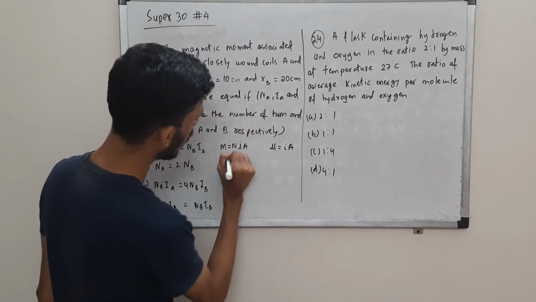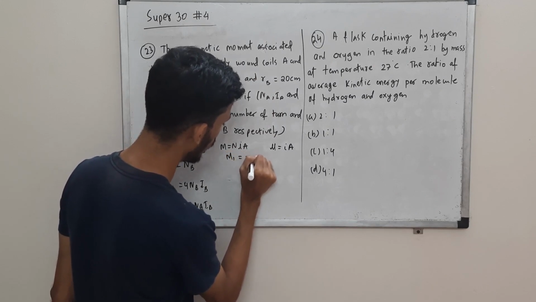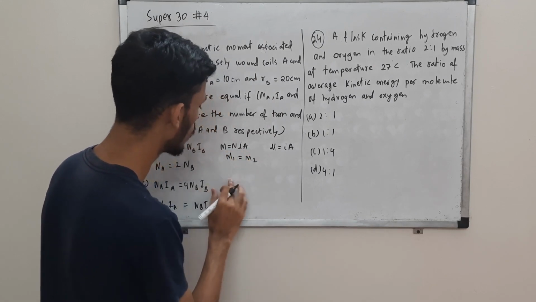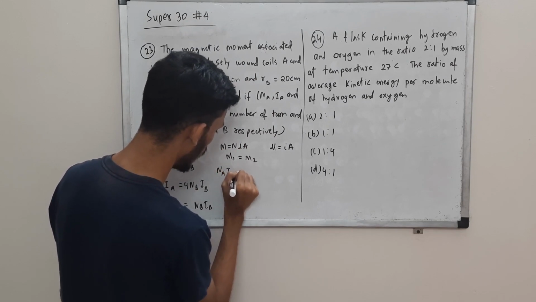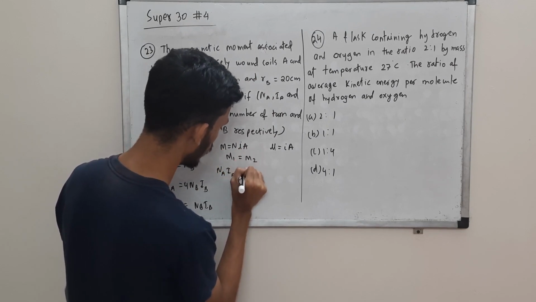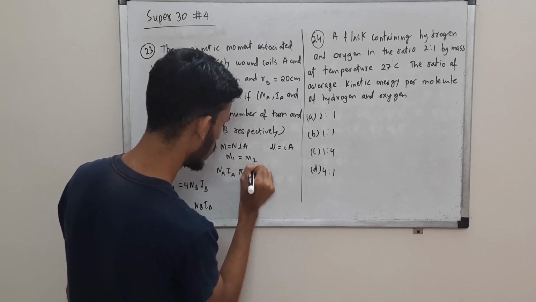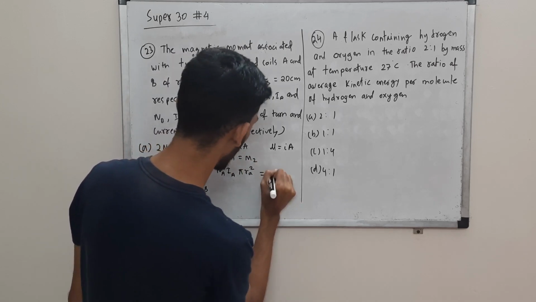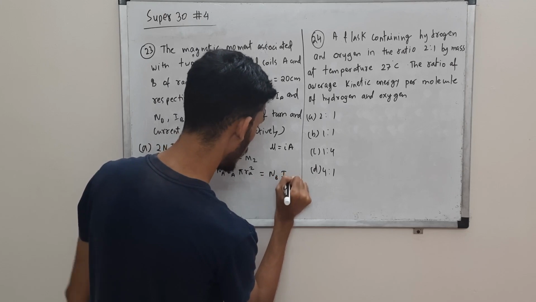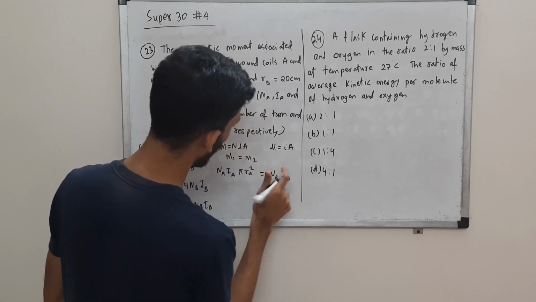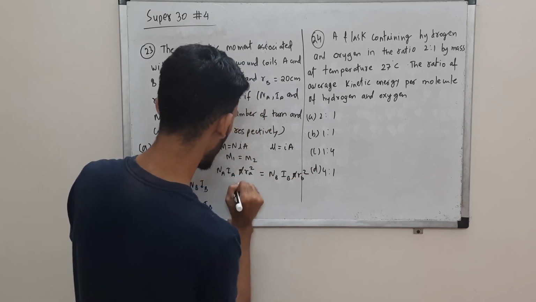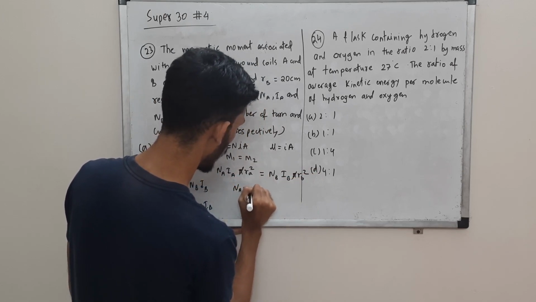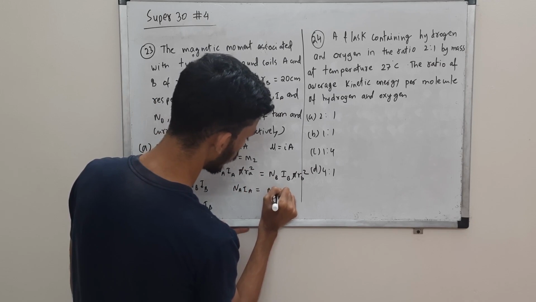So we are given that m1 is equal to m2. Magnetic moments of the two coils are equal, so we can write it as Na, current in A, and area of A, so we can write pi Ra square. Similarly, on the other side we can write Nb Ib, and pi Rb square. Pi cancel, Na Ia will be Nb Ib.